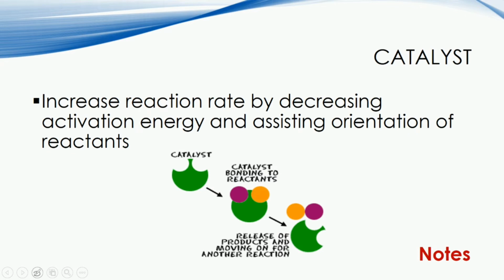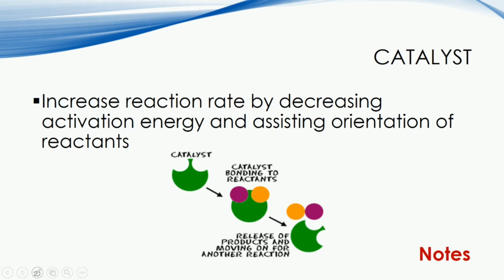So before we move on to that, however, we are going to talk about catalysts because this kind of throws everything that we've talked about so far out of the window. A catalyst is one of those factors of reaction that we learned in our previous lesson, where we stated that there are things that we can do to help speed up the process of reactions, and one of them is a catalyst.